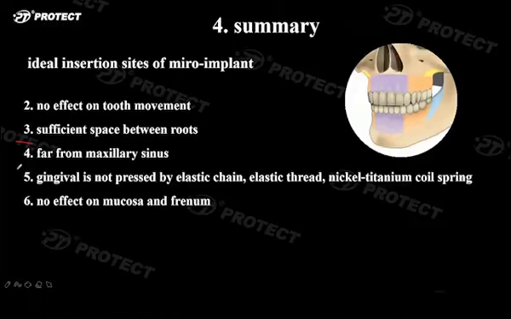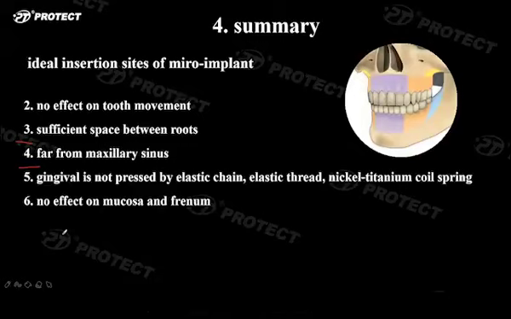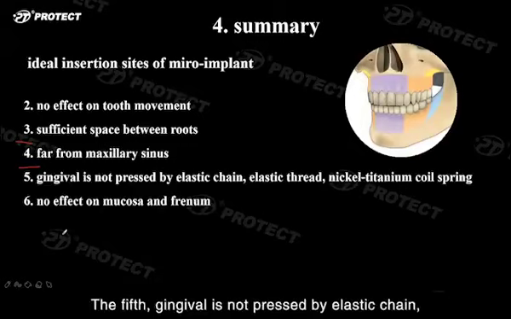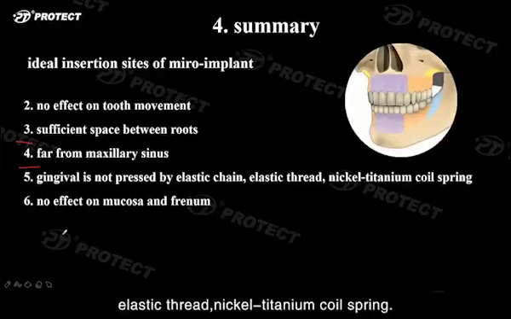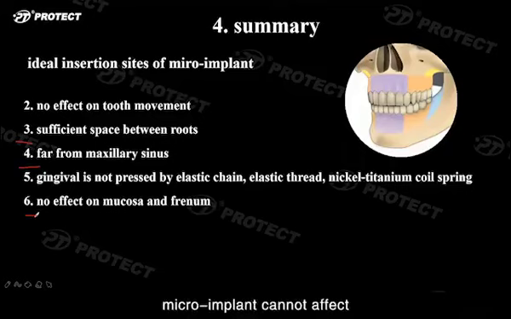The fourth, it's much better to be far from the maxillary sinus. The fifth, the gingiva is not pressed by an elastic chain, elastic thread, or nickel-titanium coil spring. The last one, the micro-implant cannot affect the movement of mucosa and periosteum.